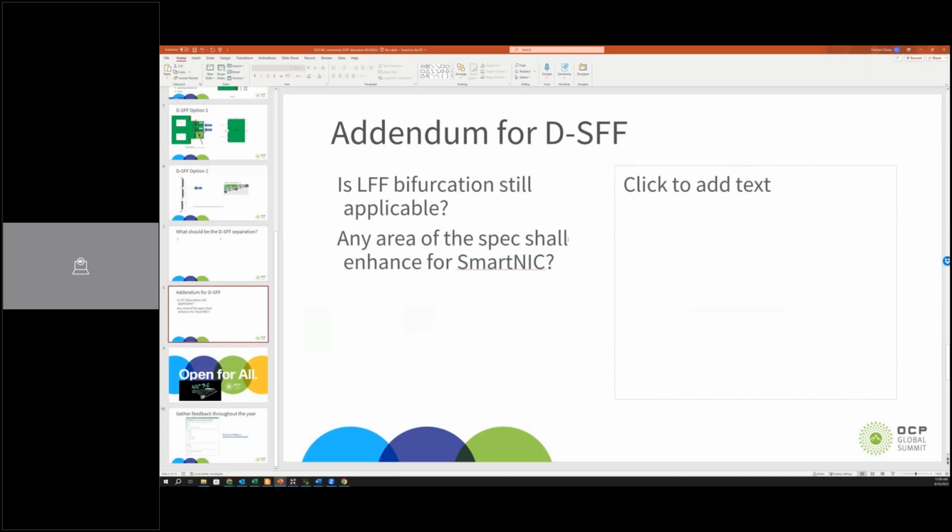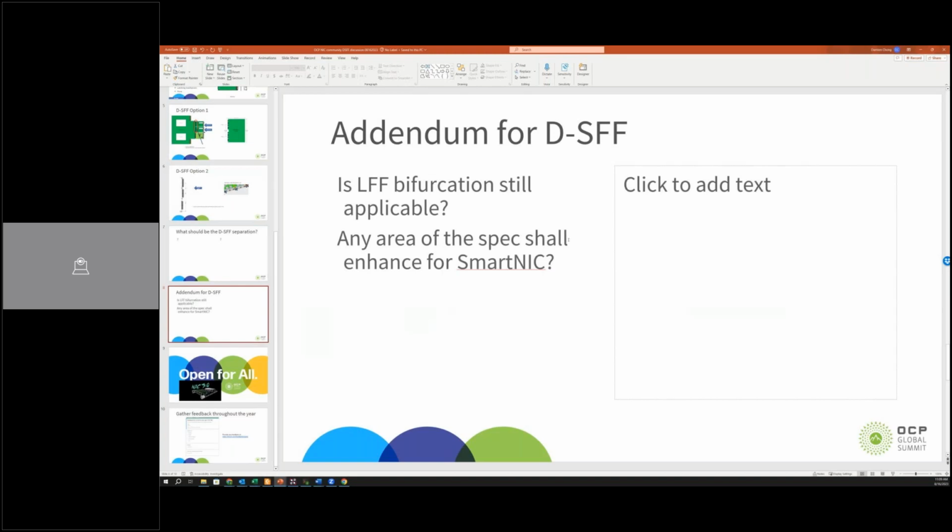And one major use case of this larger DSFF is for smart NIC. I think we should look at what areas we did not envision that we want to add for the smart NIC, any new interfaces, for example, that we should consider.